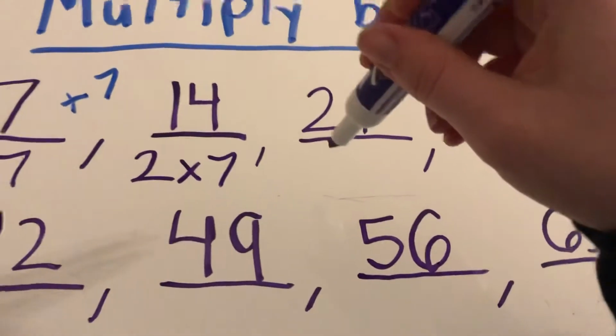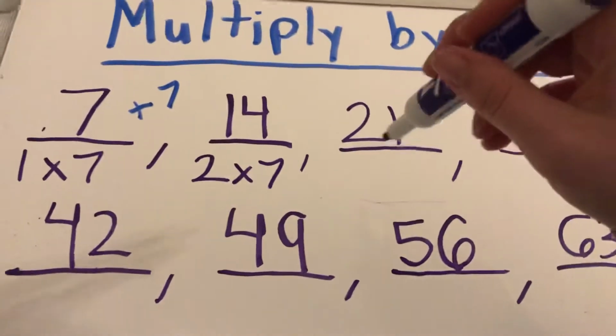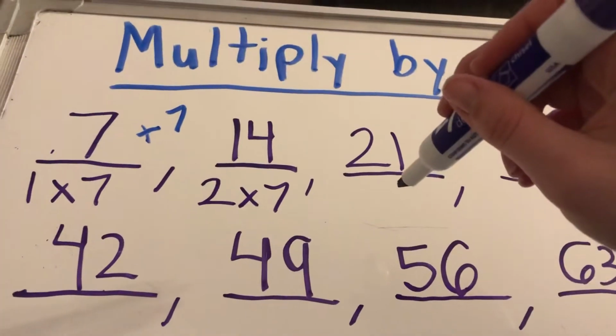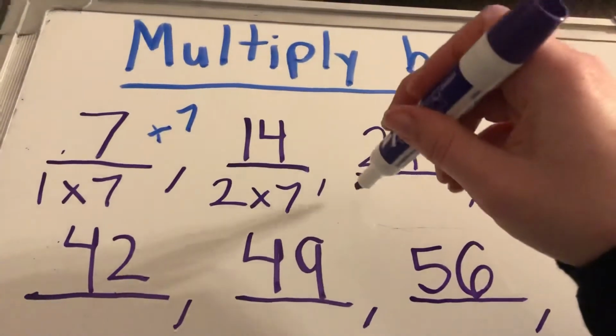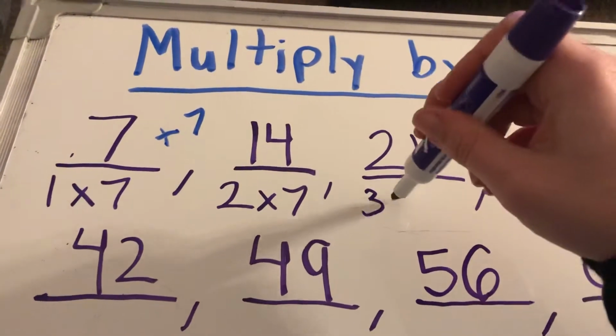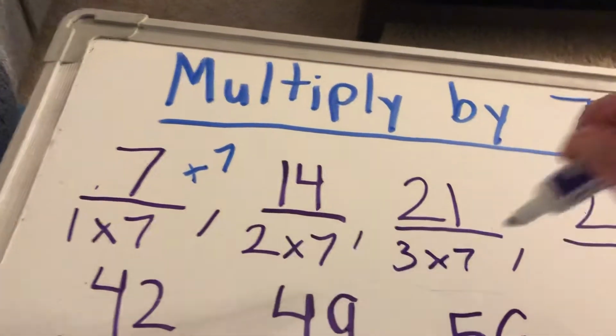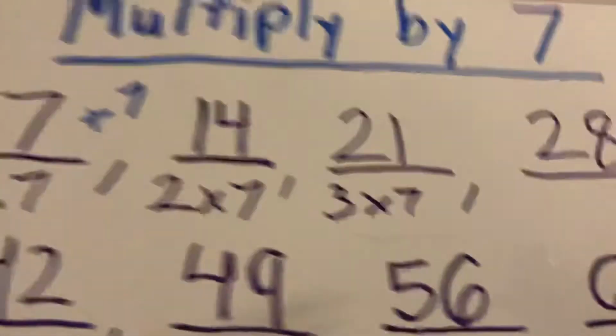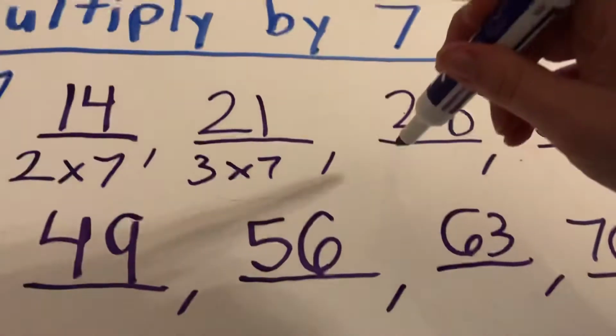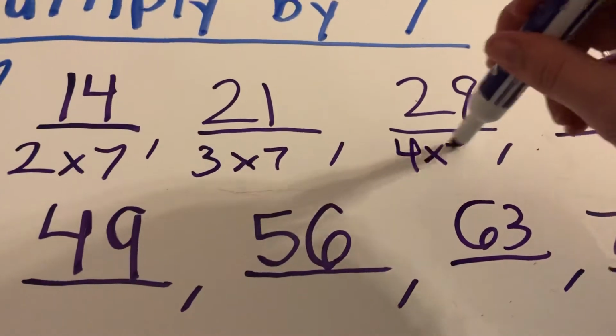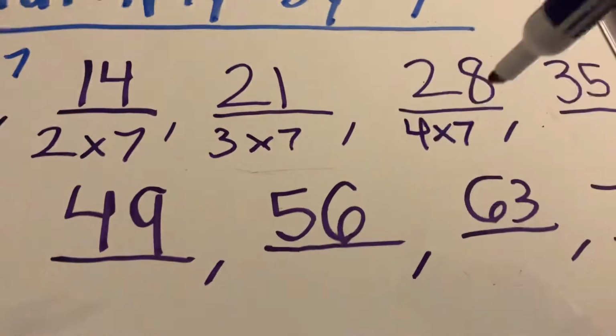What would be our expression for this one here, 21? Yes, 3 groups of 7. Good, and we can just keep going, right? Because that's our pattern. We move up by 1 each time because we are adding groups of 7.